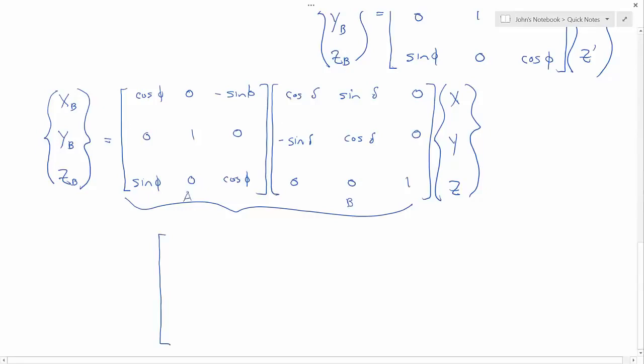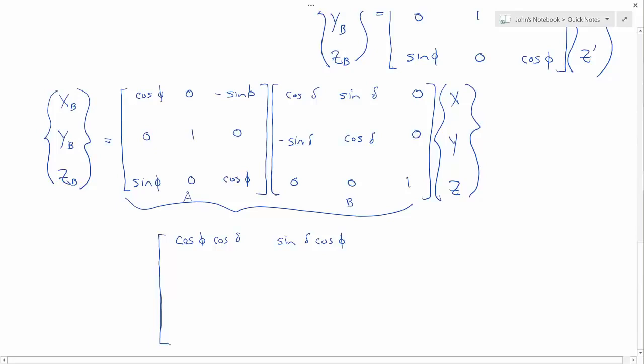We take the first column of B and dot product with the first row of A. So what do we get? And for the second term, we take the dot product of the second column of B with the first row of A. We get that.